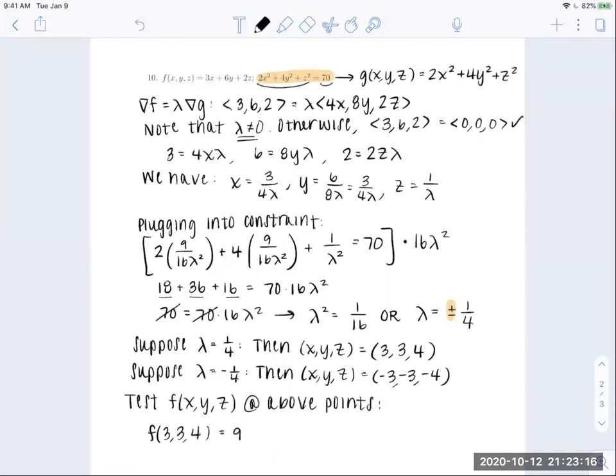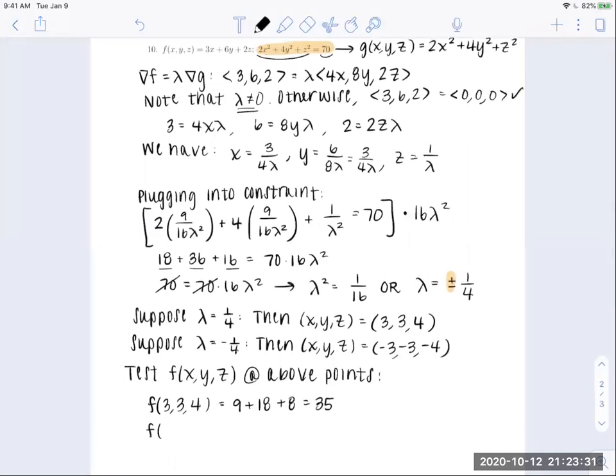That's equal to 9 plus 18 plus 8. 9 plus 18 is 27, plus 8 is 35. And then f of negative 3, negative 3, negative 4, by similar reasoning, is going to be negative 35.